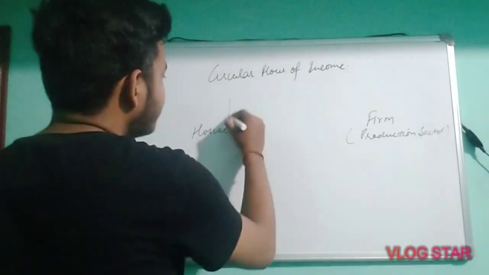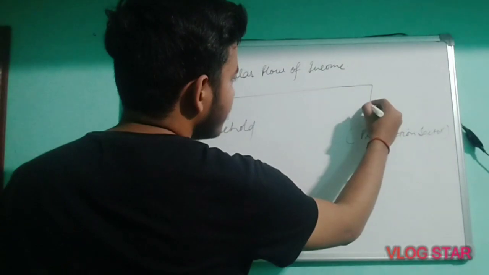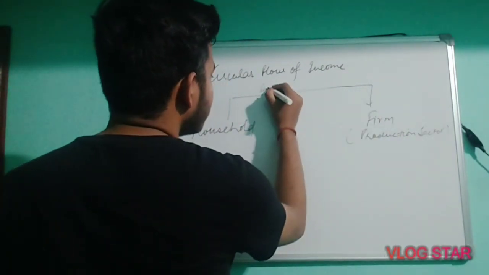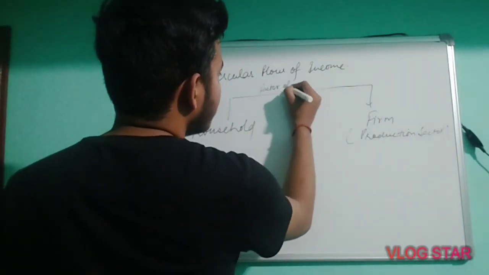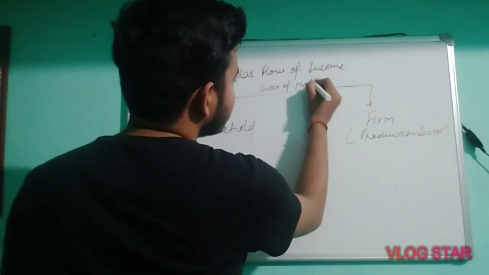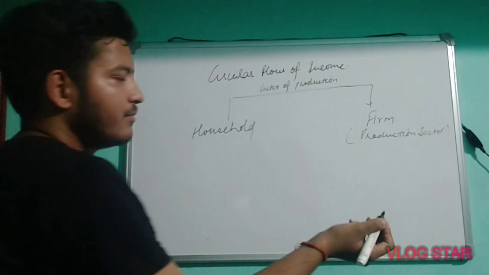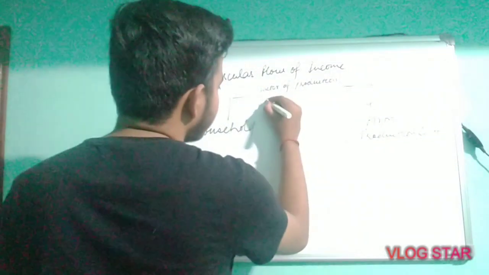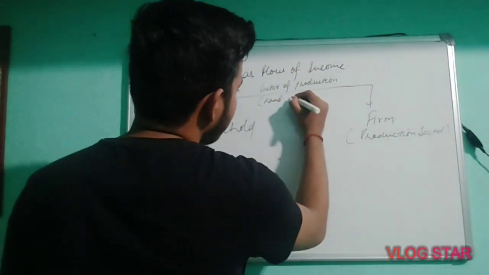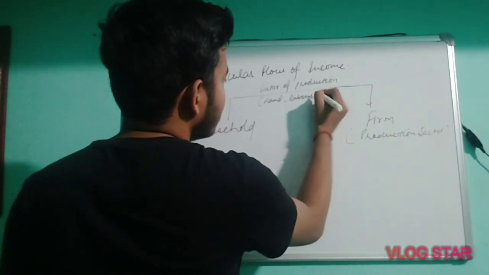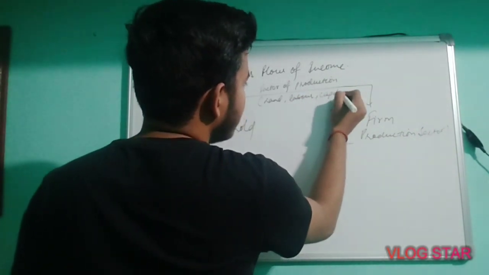Household gives factors of production to the firm. We have seen before, in the form of land, labor and capital.